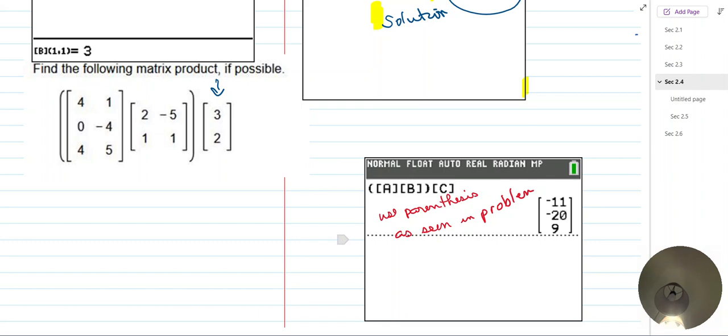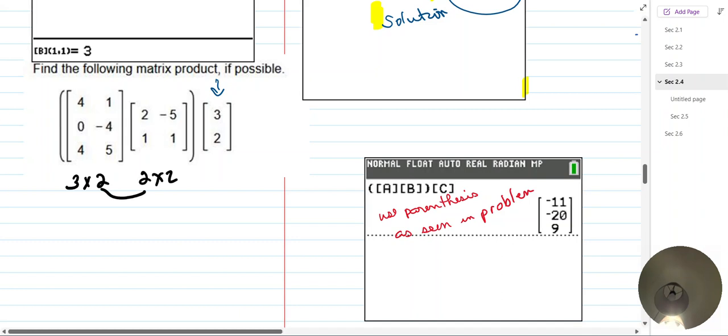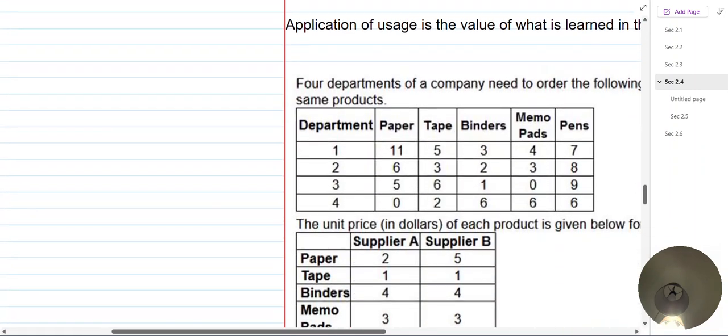So we've got our matrices, which is a 3 by 2, a 2 by 2. These match, so we're good. From this, we're going to get a problem there, and this one is a 2 by 1. Again, they match. So it'll all work. And when you do, you're going to get what is in the last, a negative 11, 20, negative 20, and a 9, on our calculator.